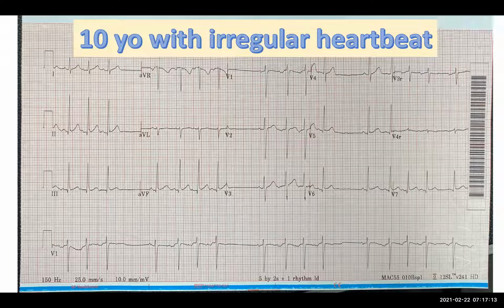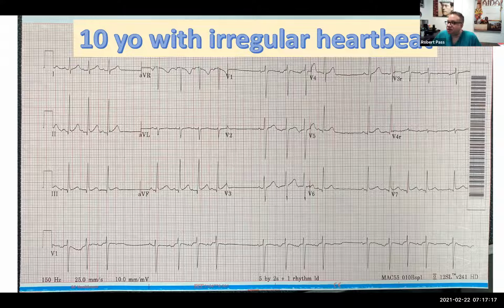Okay, so then sotalol, I would go right to sotalol, yeah. So the agents that you would use most commonly are either sotalol or flecainide or propafenone. Flecainide and propafenone are sort of the classic agents that are the most effective for this.